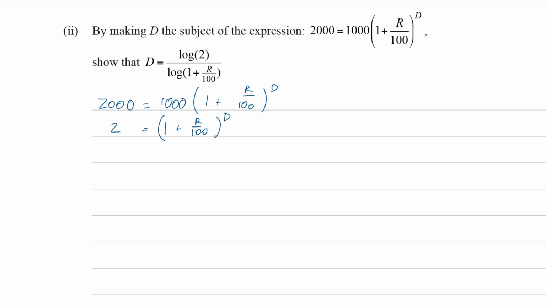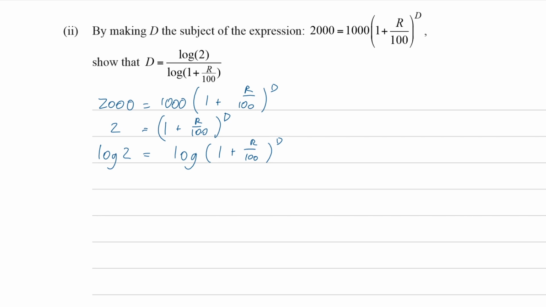So instead of taking the root, we could take the log of both sides, technically of base D, but we don't need to write that. Log of 1 plus r over 100 to the power of D. Since we did it to both sides, the equation still holds.